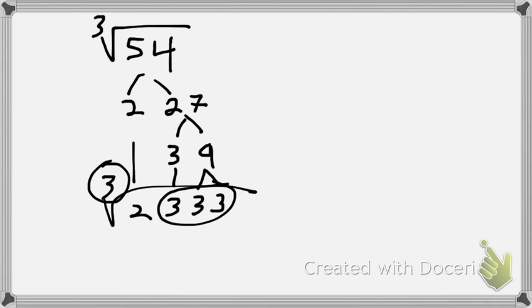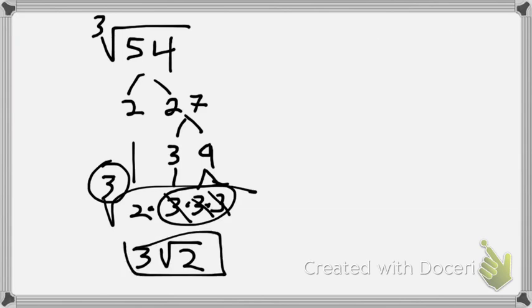So if the index is 4, we need 4 to take out. The index says for every 3 that you find, so here we have 3 3s, you can take 1 outside. Boom, boom, boom. There's a 3 there, 3 radical 2. And so that would be a simplification of the cubed root of 54.